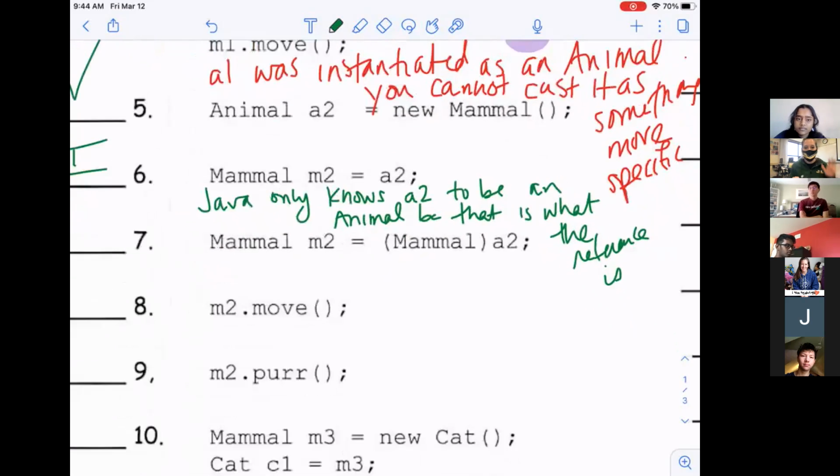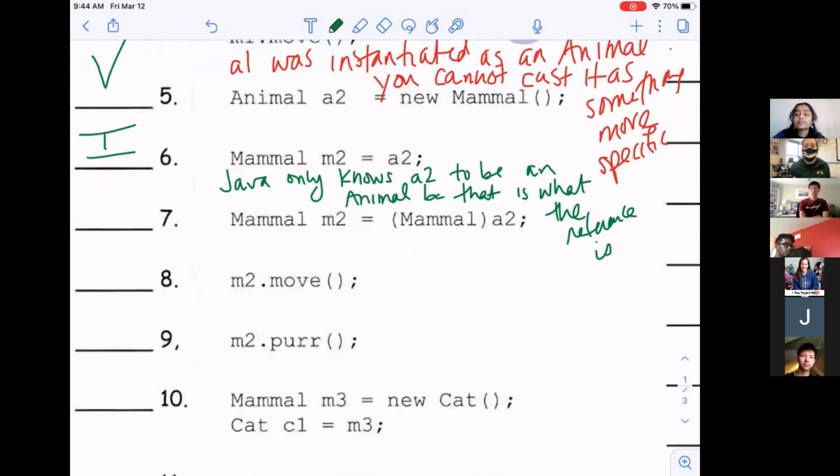And the bell's about to ring. There's the bell. But now when we get to number 7, this is valid. And the reason why is because now we're saying you can call it a mammal because it is a mammal. So you're allowed to cast it as a mammal. And once you cast it as a mammal, now you can save it in a mammal reference.